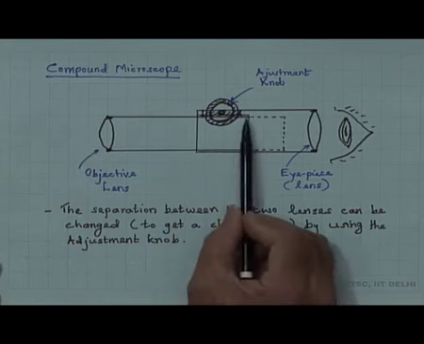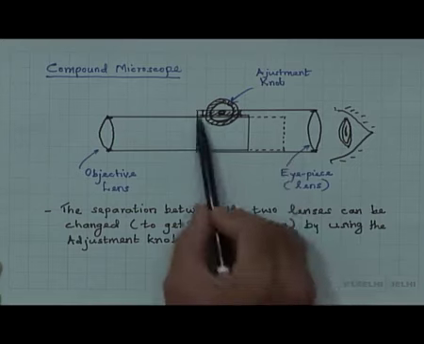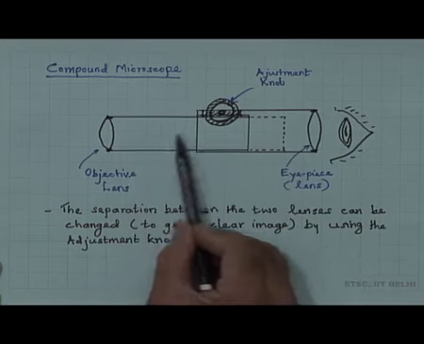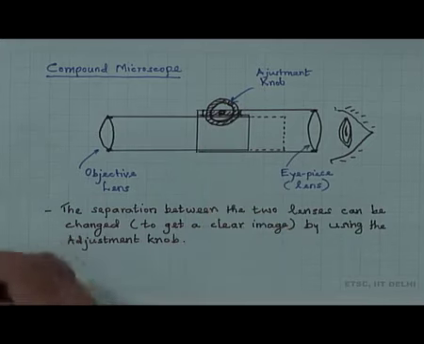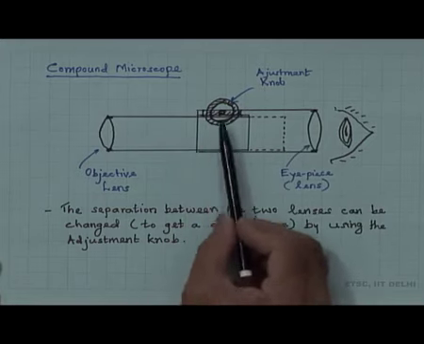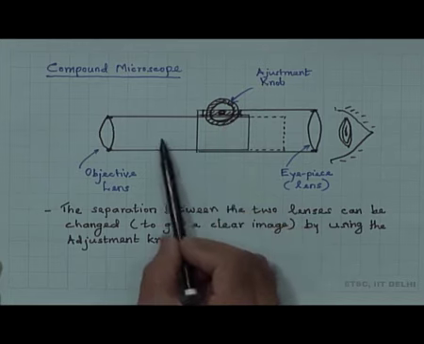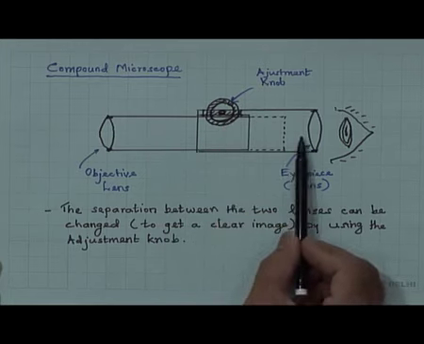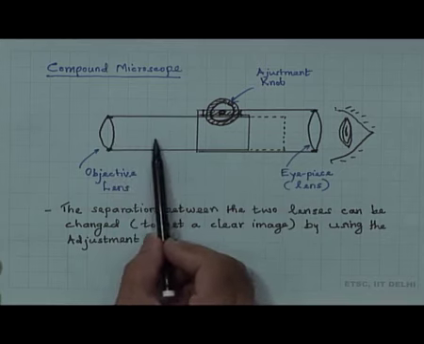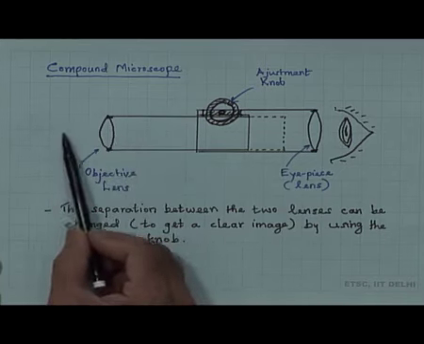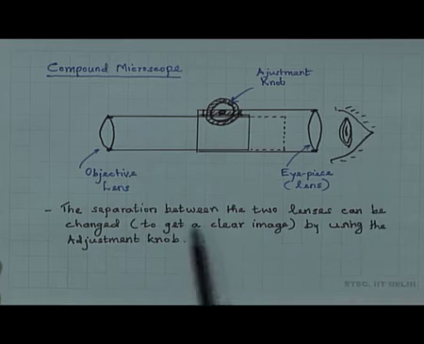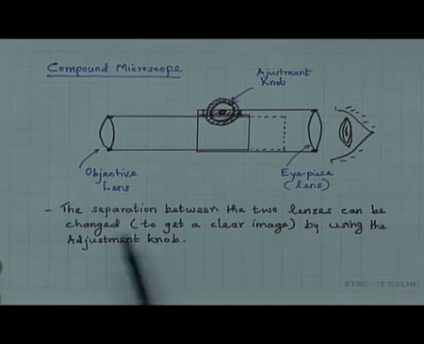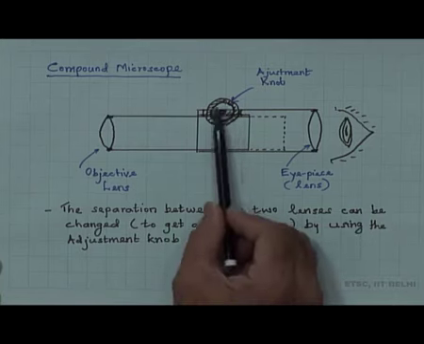There are two cylindrical metallic tubes which are coaxially located, and there is an adjustment knob by which you can adjust the separation, or move the objective closer to the object or away from it, and this is the eye. So, the separation between the two lenses can be changed to get a clear image using the adjustment knob.